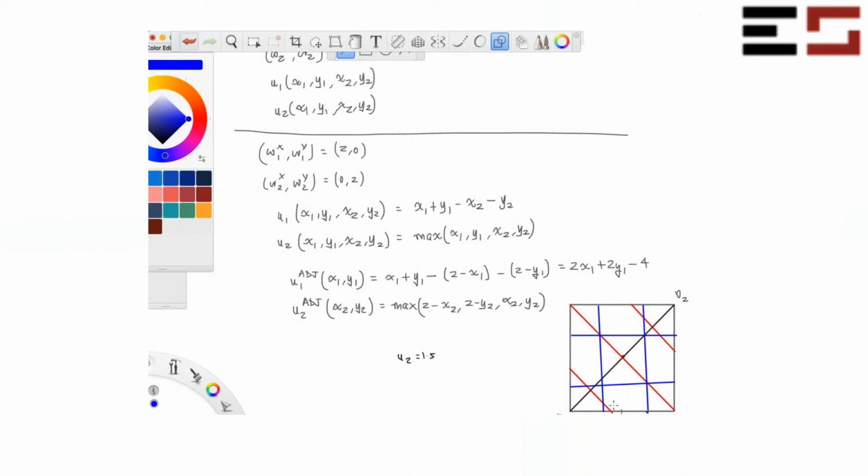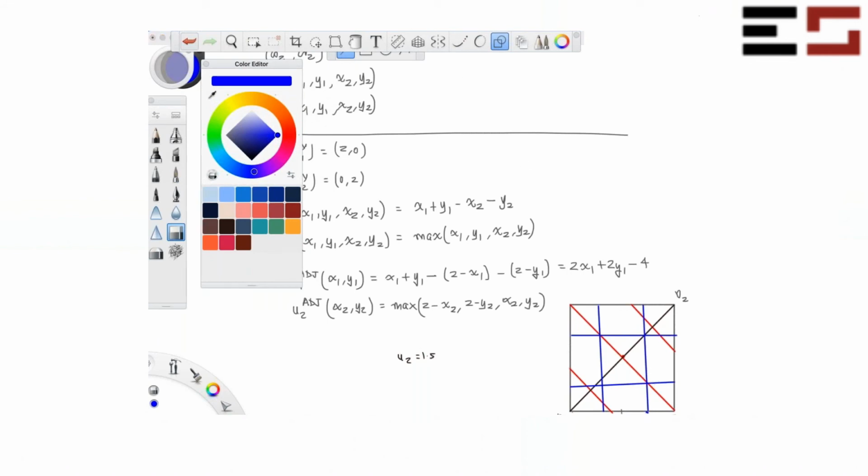Notice that x1 is 1.5 here, and in this region x1 is greater than 1.5. What that means is this portion is not part of the indifference curve. Similarly, this portion is not part of the indifference curve because x1 is greater than 1.5 at these points.